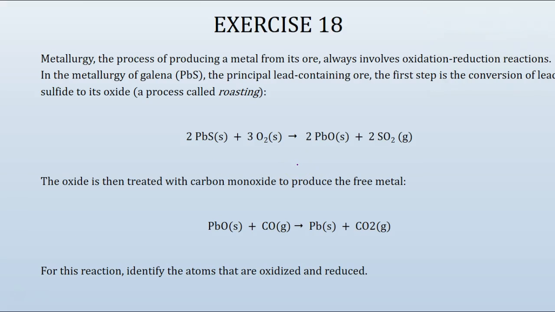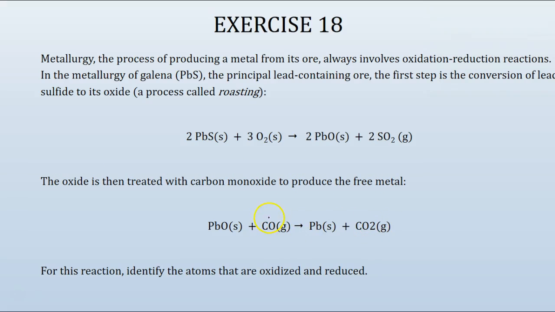Metallurgy, the process of producing metal from its ore, always involves oxidation-reduction reactions. In the metallurgy of galena, that's lead sulfide, the principal lead-containing ore that we find, the first step in the conversion of lead sulfide to its oxide is a process called roasting. So here's the roasting process. We see the balanced chemical equation for that. Then the oxide is treated with carbon monoxide to produce the free metal.